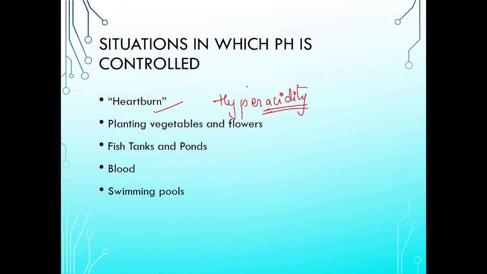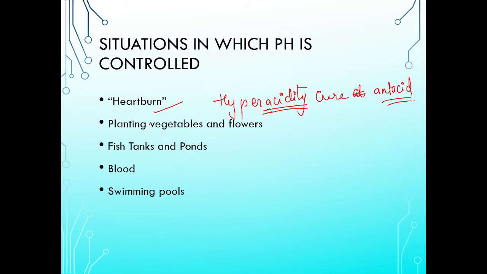Whenever it goes here and there, it will cause acidity, and that is nothing but heartburn. And we can cure hyperacidity with the help of an antacid, right? We have discussed it, like milk of magnesia. So an antacid is used to cure heartburn or hyperacidity.